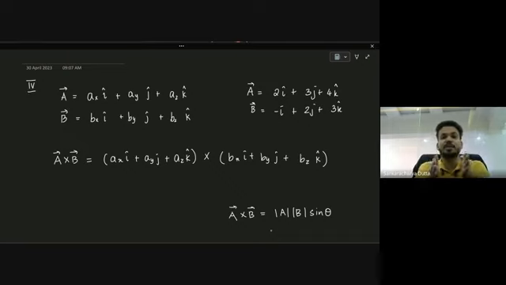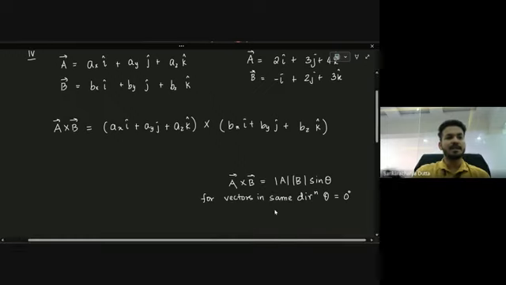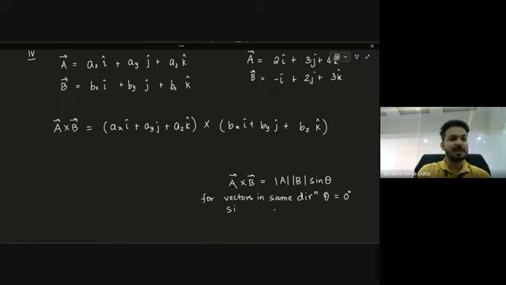Now, imagine there are two vectors in the same direction. What is the angle between them? For vectors in same direction, theta is going to be 0 degrees. So that means sine theta is also going to be 0.